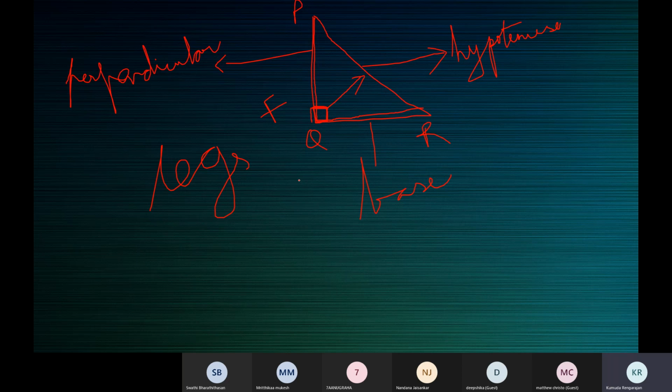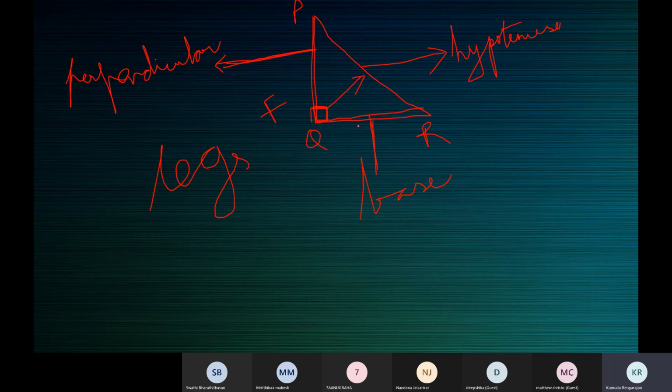So, in a right triangle, of the three sides, one side is called the hypotenuse. The remaining two sides are called the legs. Each one is a leg. So this perpendicular is a leg. This base is another leg. Both of them are called legs. PQ is a leg, QR is a leg.